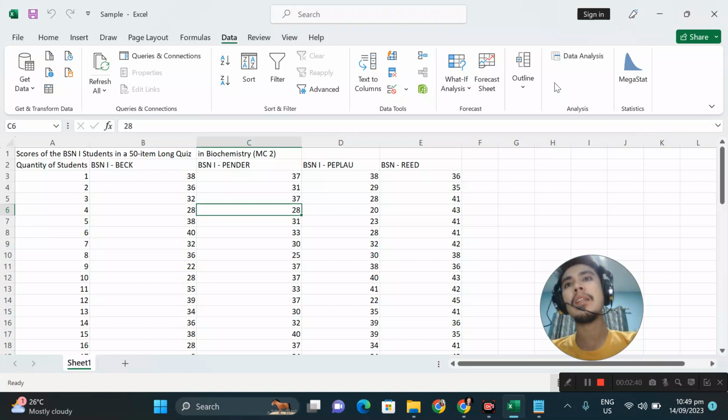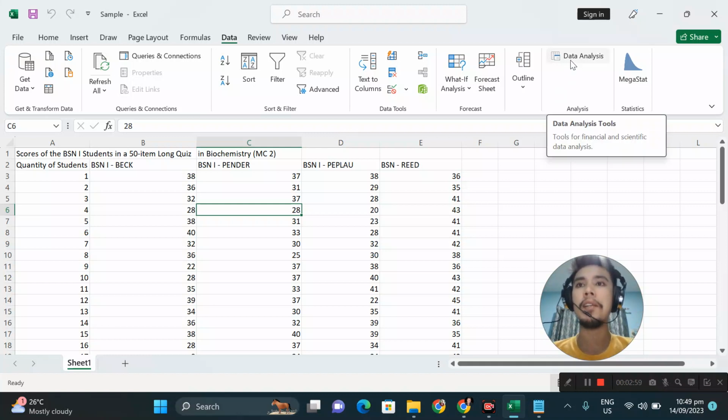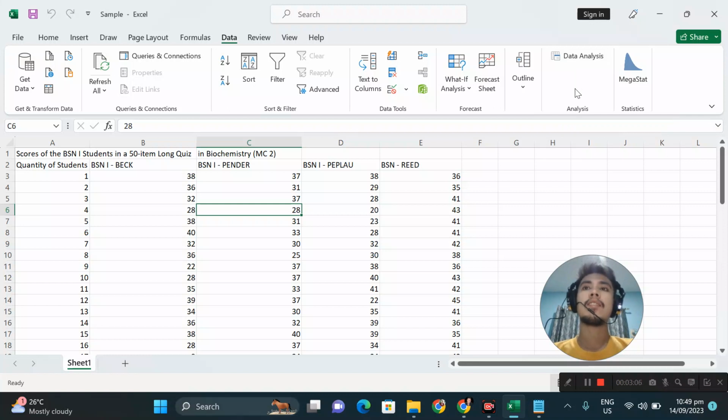Then we can easily find the MegaStat add-in, which is represented by a bell curve, which represents the field of statistics. It lies beside the Data Analysis ToolPak add-in, which is also useful in analyzing financial and statistically related data.